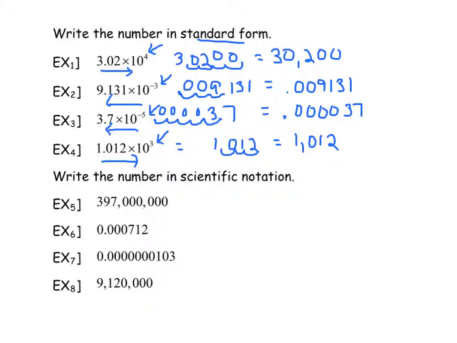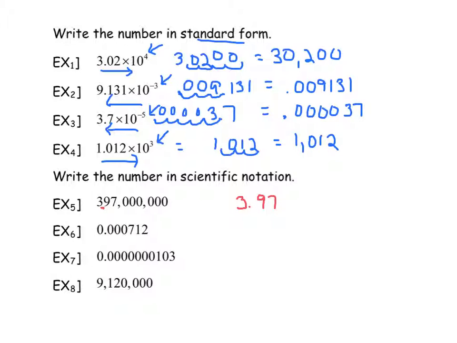All right, you also need to be able to write numbers in scientific notation. So now we have standard form, and we're going to take standard form to scientific notation. So remember, the first number is a number that is between 1 and 10. So that means I'm always going to put the decimal after the first digit. So I have 3.97 as the number that I multiply.